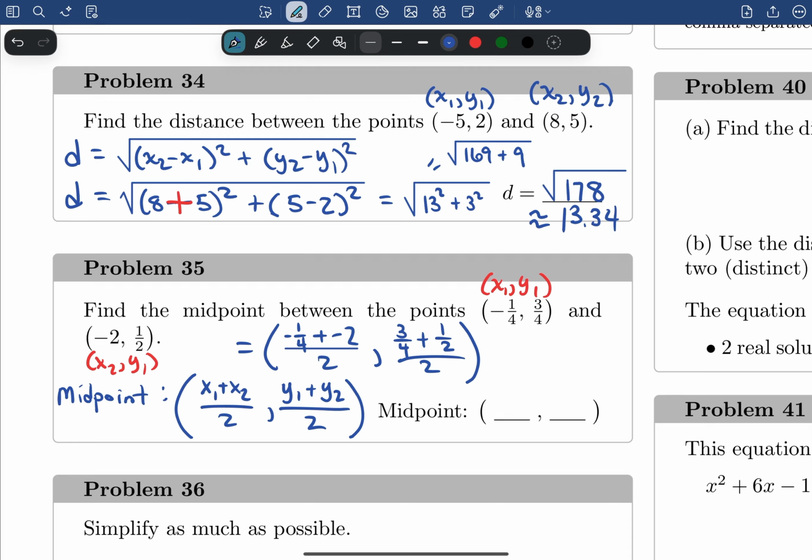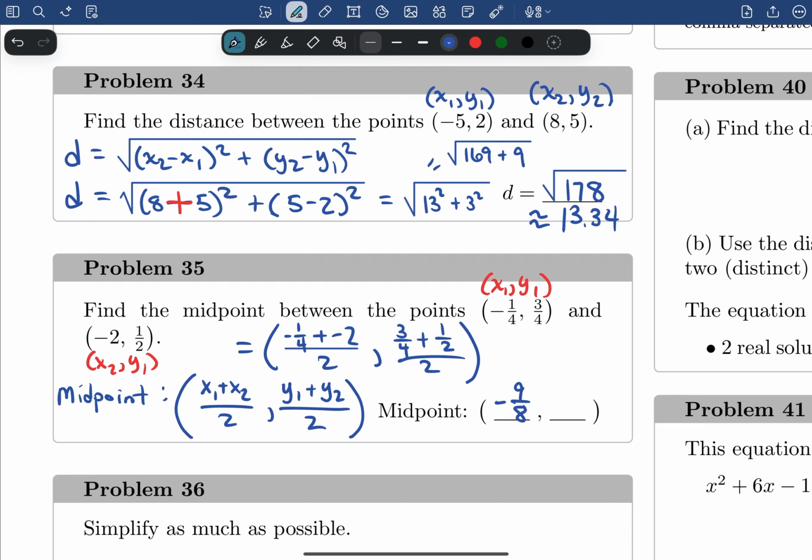Like, let's take negative 1/4 and add negative 2 and divide 2 from that. Okay, so this takes a little practice in your calculator. Make sure that you get it right. Okay, and I'm going to do this right now. And I get an answer. I'm going to put it as an improper fraction. I get negative 9/8 for x. Okay.